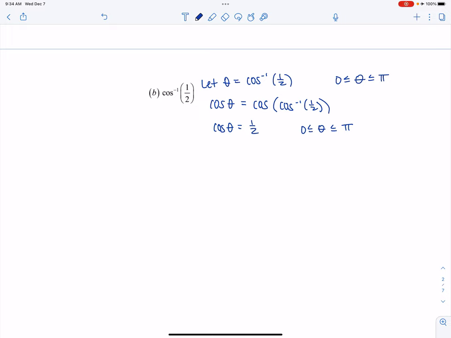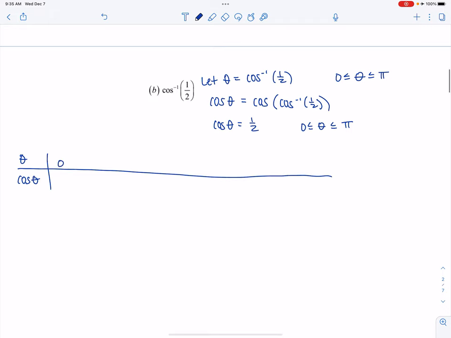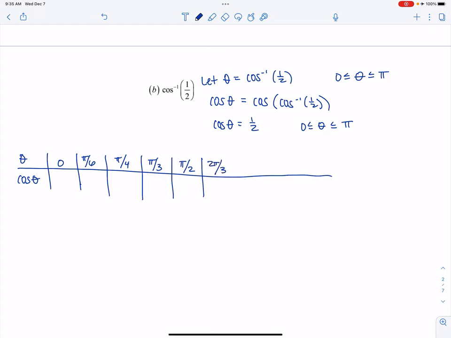So my table of theta values and cosine thetas will start at 0. Then we'll do pi over 6, pi over 4, pi over 3, pi over 2. Let's do 2 pi over 3, 3 pi over 4, 5 pi over 6, and 1 whole pi.